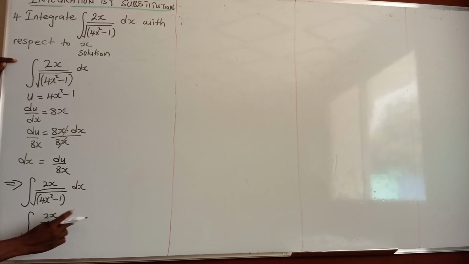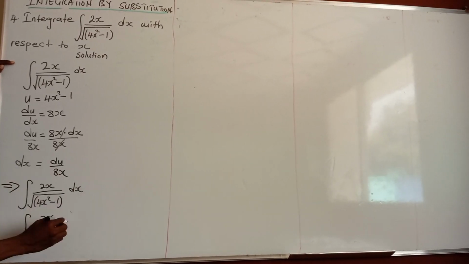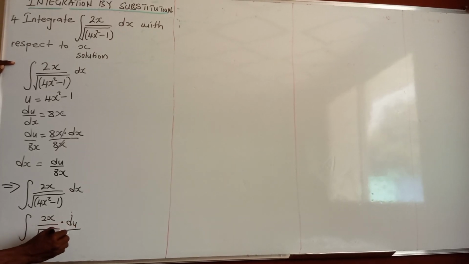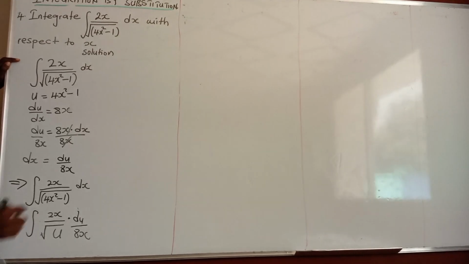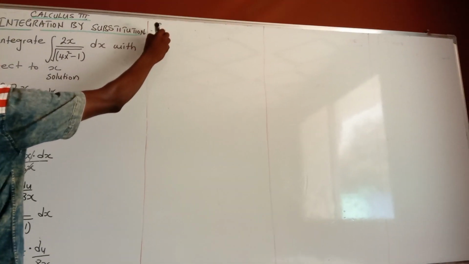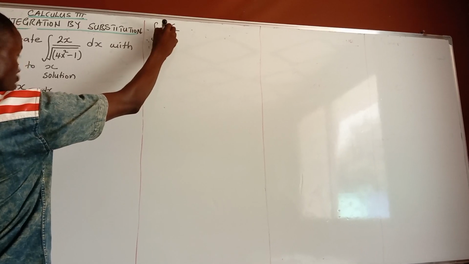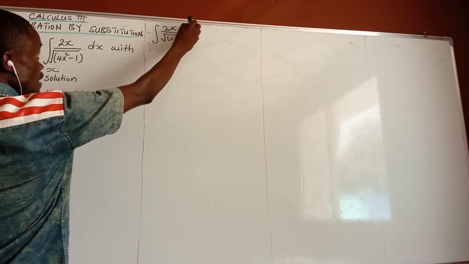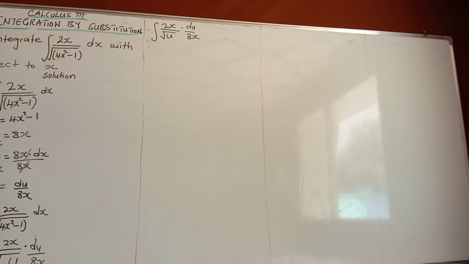So you write u now, times dx, which is du all upon 8x. Are we getting it? So you write 2x the square root of u times du all upon 8x. Do we get the concept?